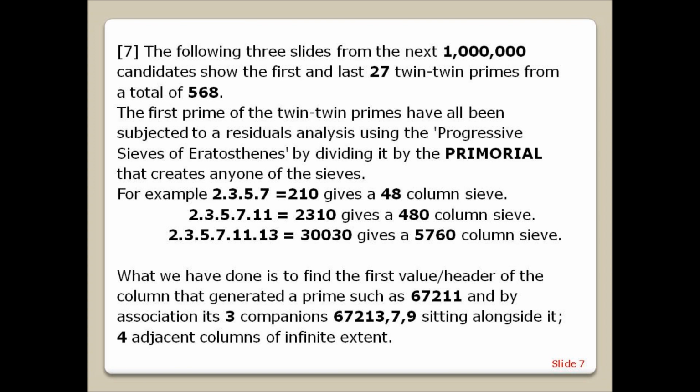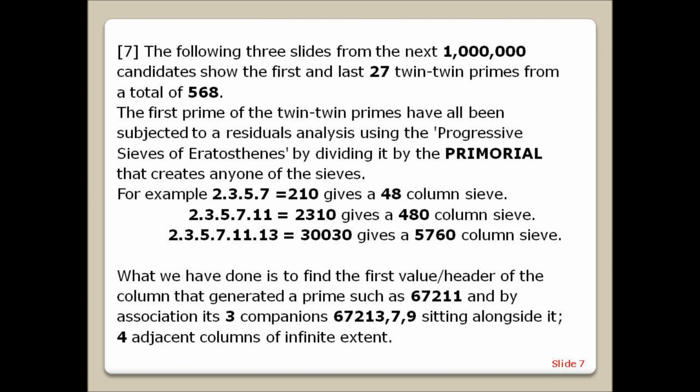For example, 2 times 3 times 5 times 7 equals 210, gives a 48 column sieve. 2 times 3 times 5 times 7 times 11 is equal to 2310, gives a 480 column sieve.